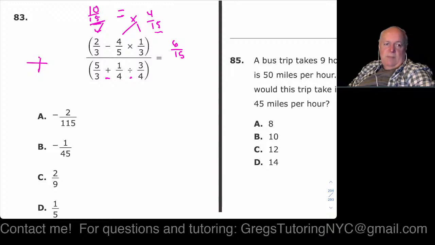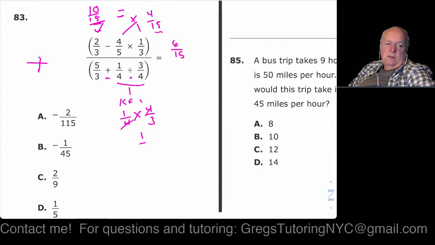Okay, so PEMDAS tells us to do this division first. So if we do the keep, change, flip, that means we keep a quarter, because we have a quarter divided by 3/4. We change the sign to multiplication from divide, and then we take the reciprocal, we flip the fraction. The 4's cancel out, and we end up with 1/3.